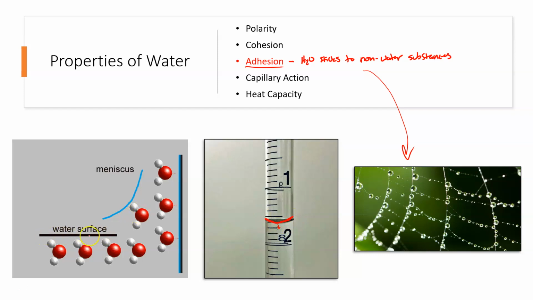The water surface down here is obviously held down by gravity. Gravity's pulling on it. But water molecules are wanting to stick to the sides of the glass container, in this case a graduated cylinder, and they do that with these little dotted lines that you can see. Those are, yep, you guessed it, hydrogen bonds formed between the partially negative oxygen and the partially positive charge of the glass container.